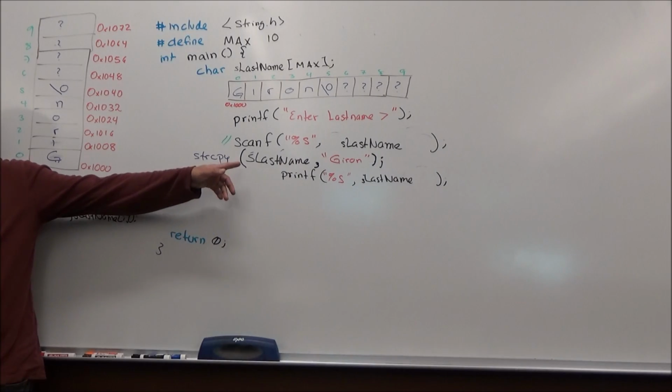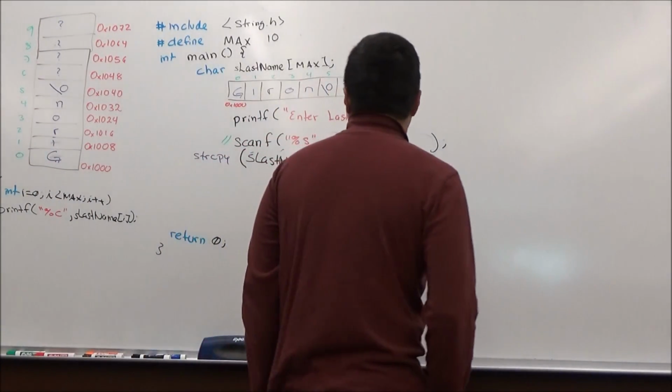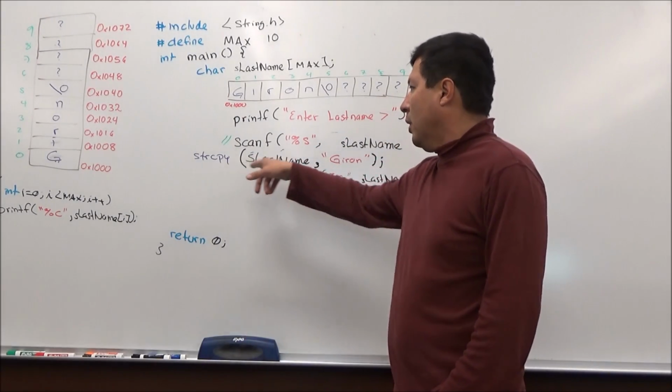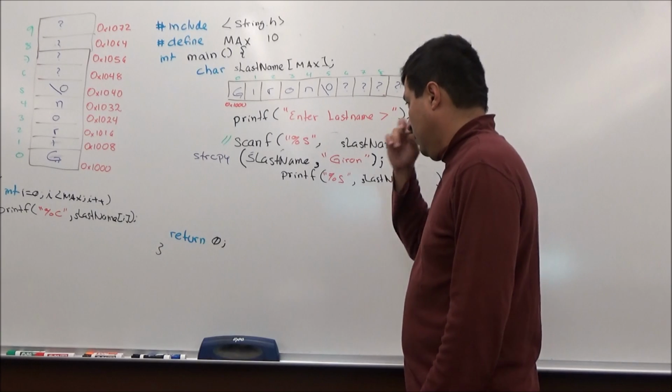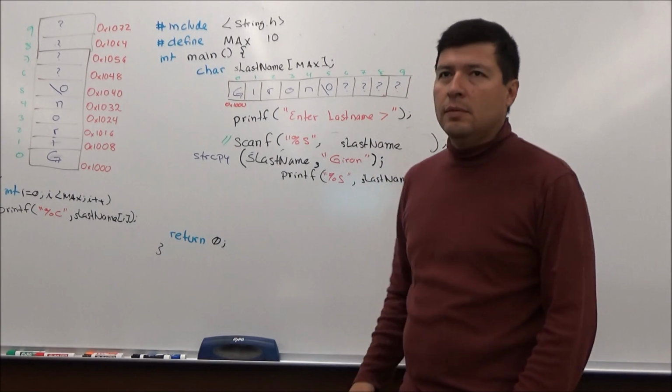Yeah, if you wanna copy a string to a character array, you use double quotes and use that function called string copy. And instead of Hirón, can I also put Rolando? Whatever you wanna put.